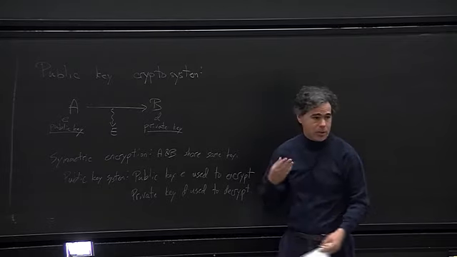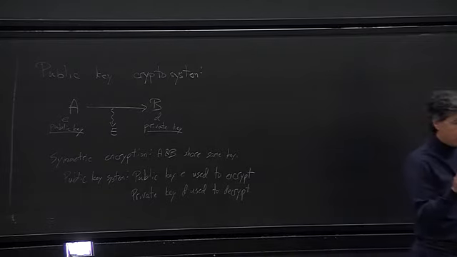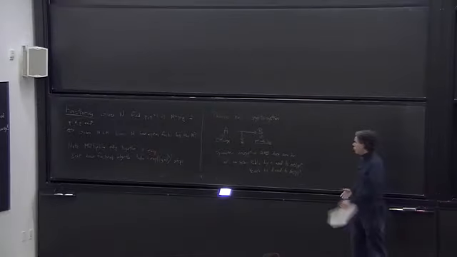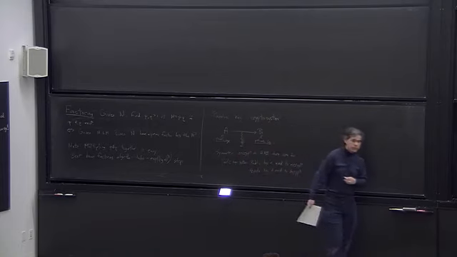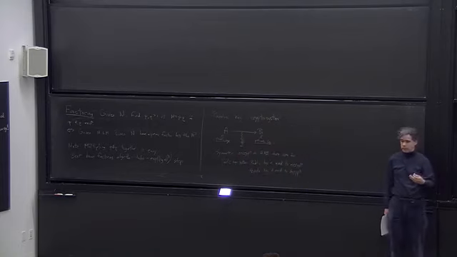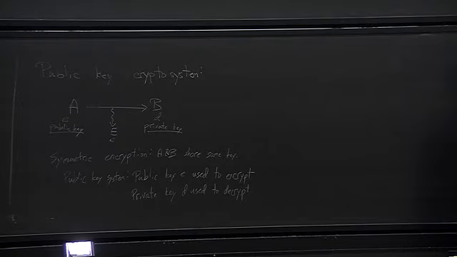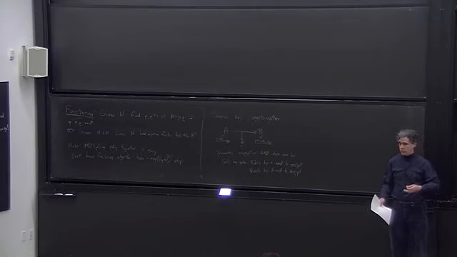And the thing about the public key is, because it's only used to encrypt the message and not to decrypt, it's okay if Eve learns E. So Alice doesn't really have to be careful with this public key. She gets it from Bob. And in fact, Bob could give it to everybody that he knows.